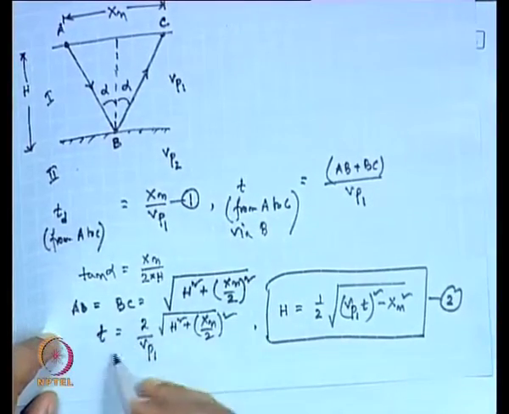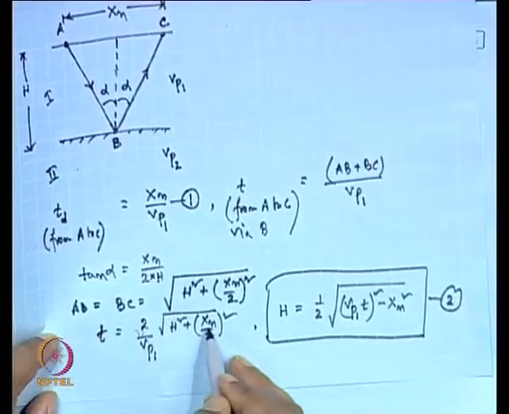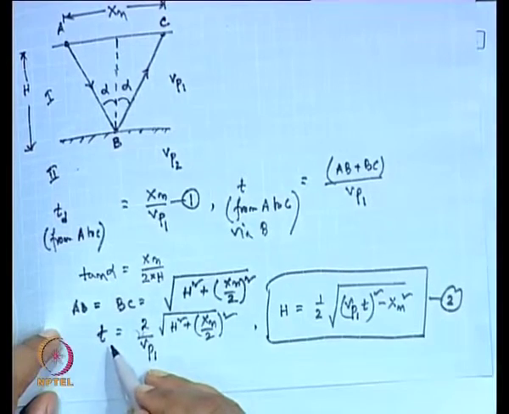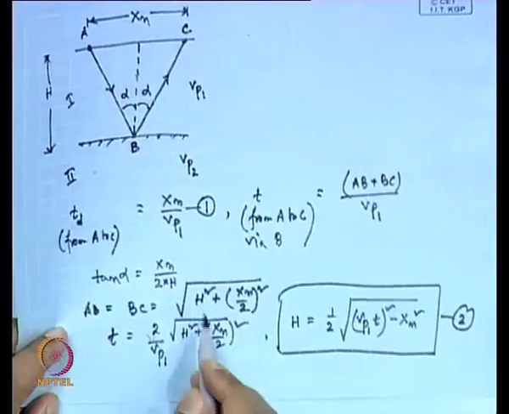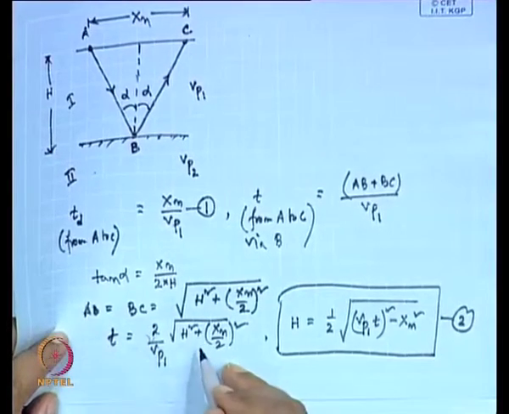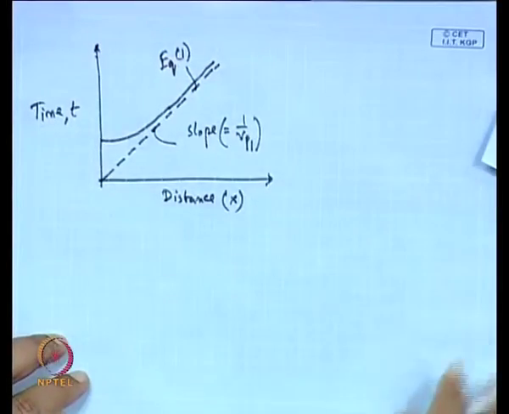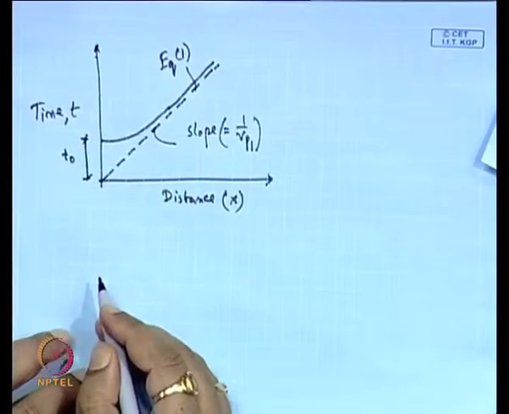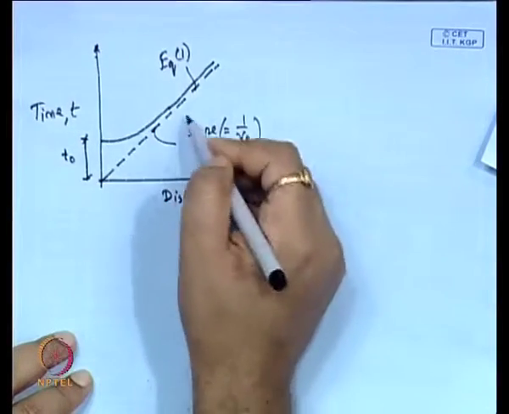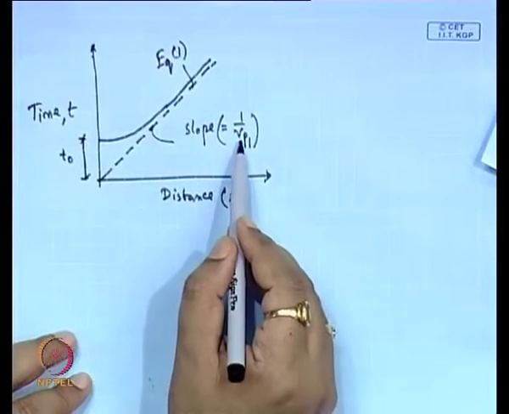If x n equal to 0, then we will get a time, say t 0. So, if we draw this first equation curve for different distances, we will get the velocity of this layer.